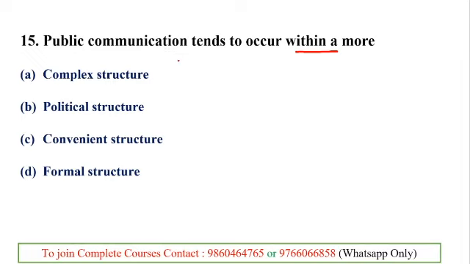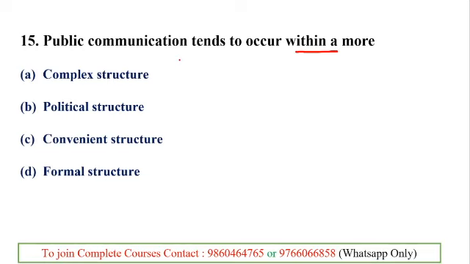So public communication tends to occur within which structure, in a more, or an extreme, way? Whether it's complex, political, convenient, or formal. This question is one of the sure questions, and students are a bit confused with the terms public and mass.